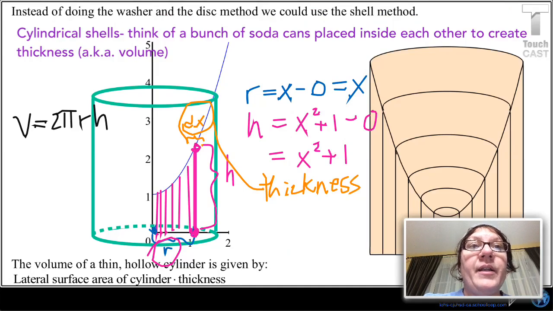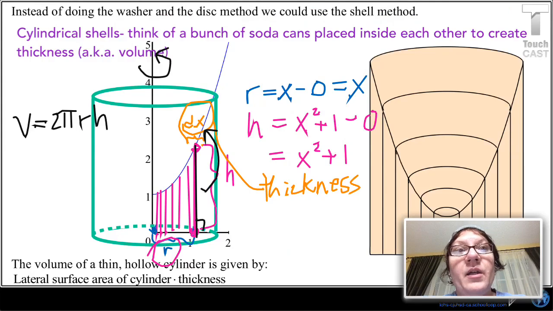One more thing I like to note is that I was spinning around the y-axis, and my height is parallel to that. I'm always focused on height. If the height is parallel to y, then I'm doing dx. I really think about it as, where is the height perpendicular to? It's perpendicular to x, so I'm doing dx. If the height was perpendicular to y, then I'd do dy.